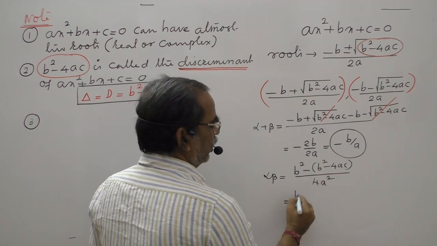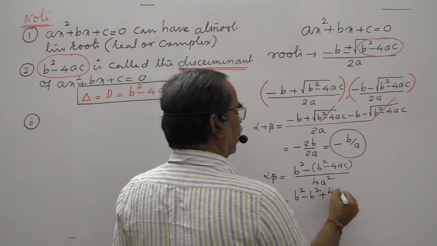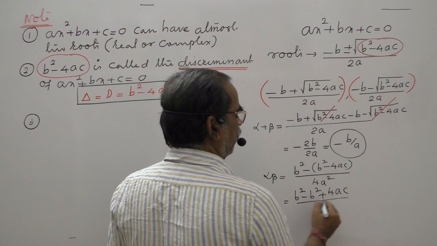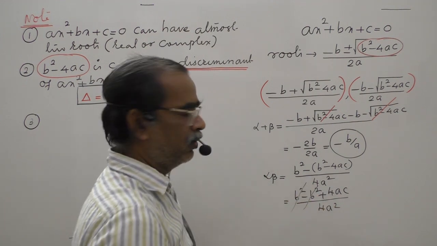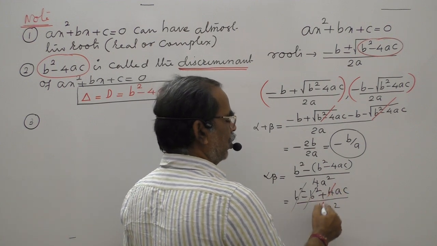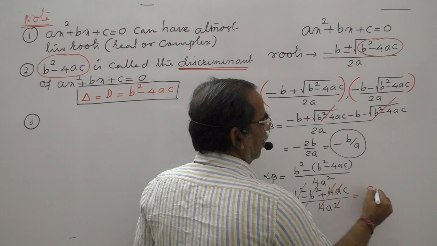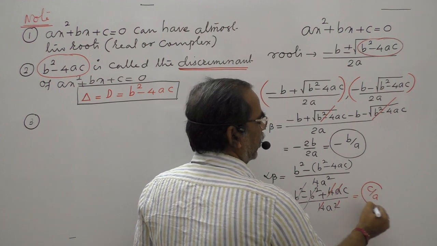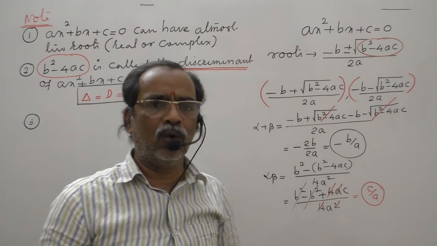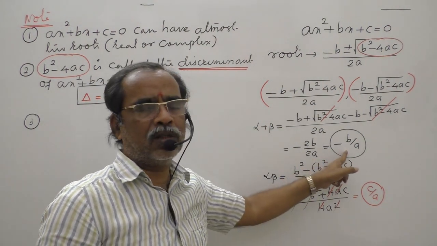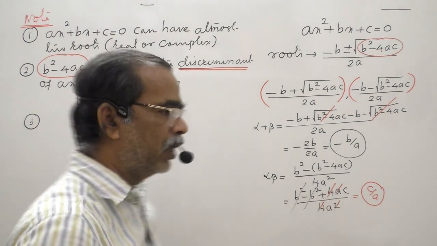If you simplify this, b square minus b square, minus into minus plus, 4ac by 4a square. Minus b square plus b square cancelled. Also 4 and 4, a and a will be cut. So what is remaining here? c by a. Therefore, this quadratic equation will have two roots. Sum of the roots is minus b by a and product of the roots is c by a.